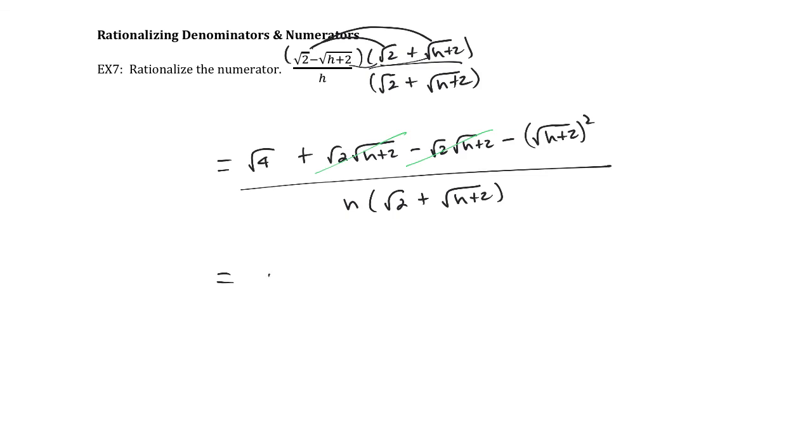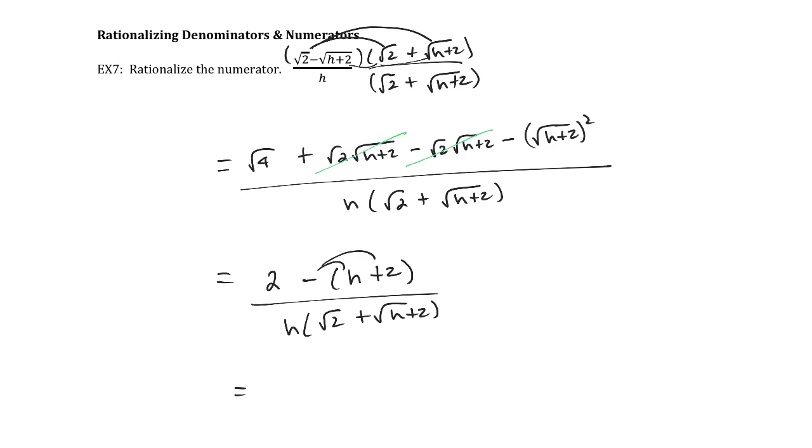Square root of 4 is 2. And then squaring undoes the square rooting, and so we've got minus h plus 2. And just copy my denominator. And then just make sure that you distribute that negative.